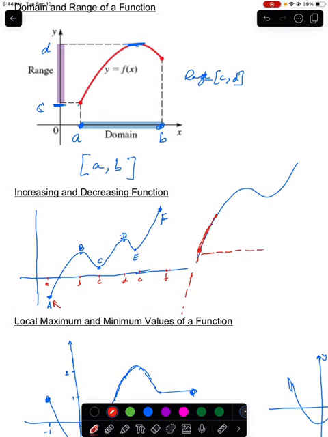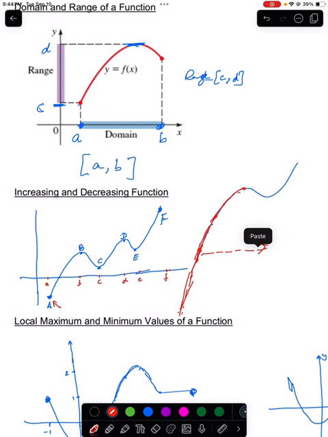When we move on the graph, it feels like we are going uphill until we reach a point over here. All this time we felt like we were going uphill. So you will say the function is increasing from negative infinity to whatever the x value of this point is.